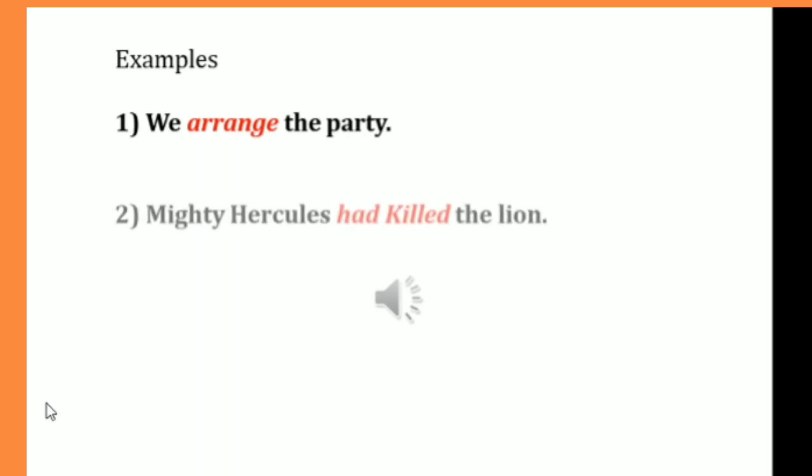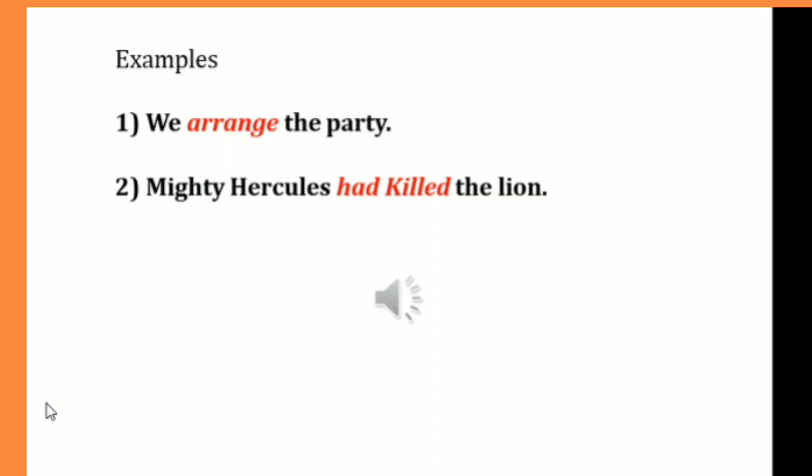Let's understand this element verb by some examples. First example: we arrange the party. Here, arrange is the verb because it shows some action. Second example: mighty Hercules had killed the lion.